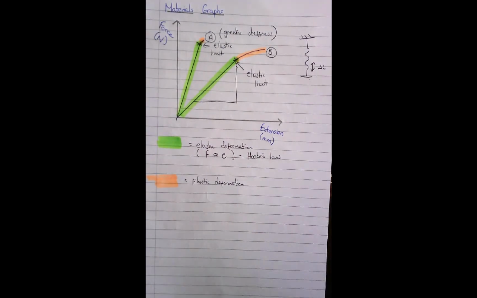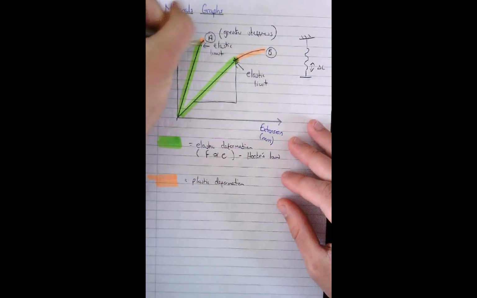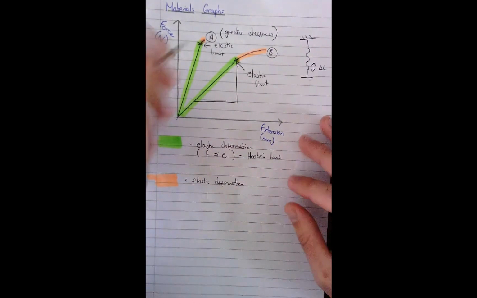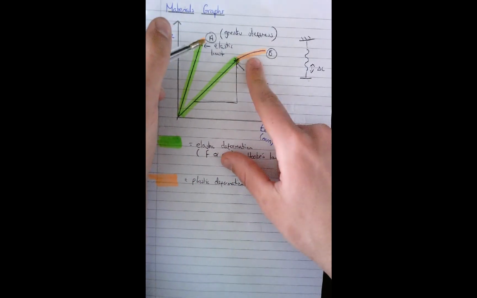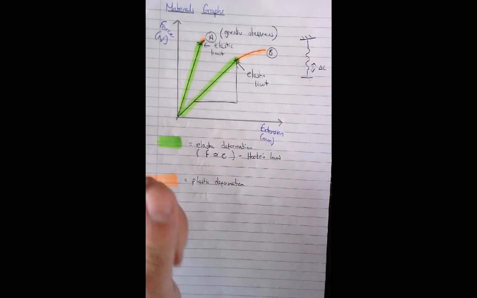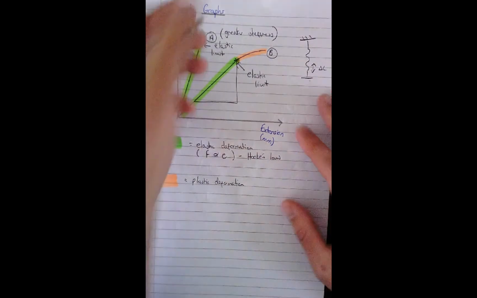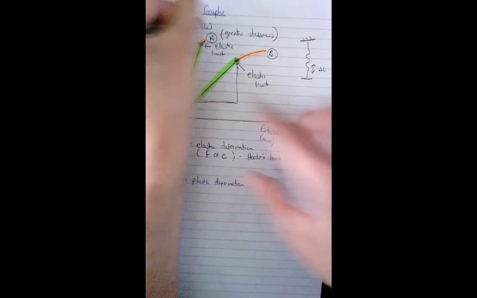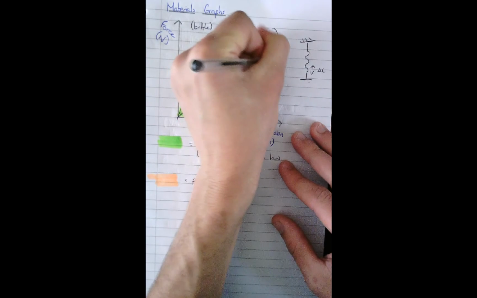But if you've got a material that doesn't do a lot of plastic deformation, what we'd say is it's more brittle. Whereas B, if it has a larger period of plastic deformation, would be called ductile. So A is a brittle material, or more brittle than B, and this would be ductile.